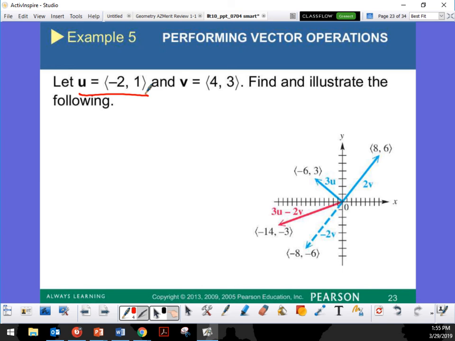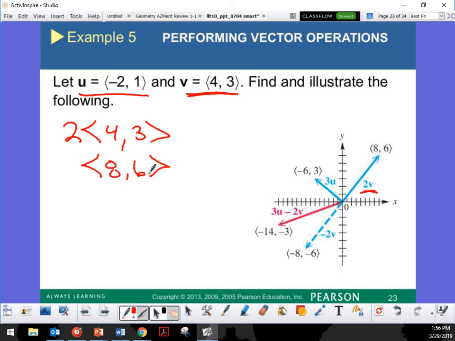Listen up, this is a scalar. This one says 2v. So what am I going to do to v? 2 times v. We get the vector 8, 6. There we go. Super easy, right?